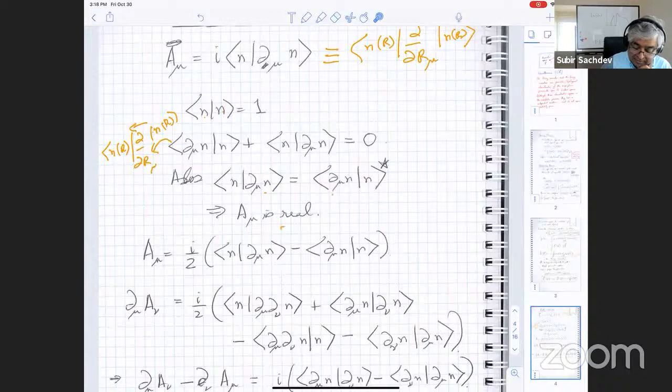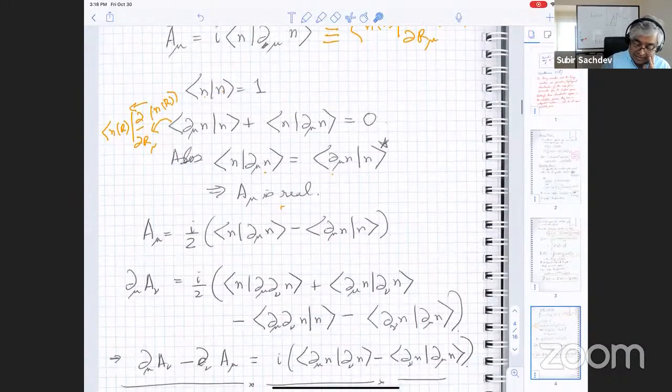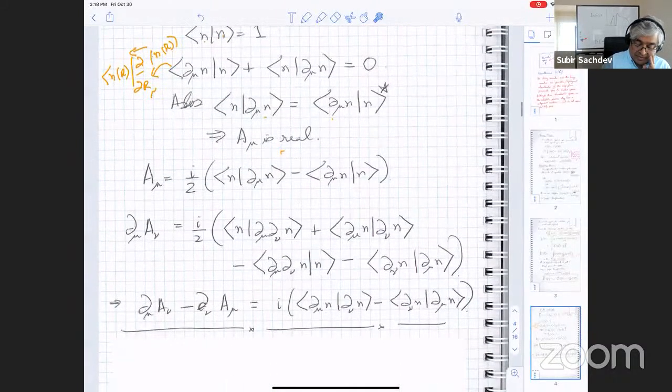You can just use this equation and write it explicitly so that it's real, so that this is just the complex conjugate of that. And now let's work out the Berry curvature, which is the gauge potential. So that's the F mu nu here. This is the Berry curvature.